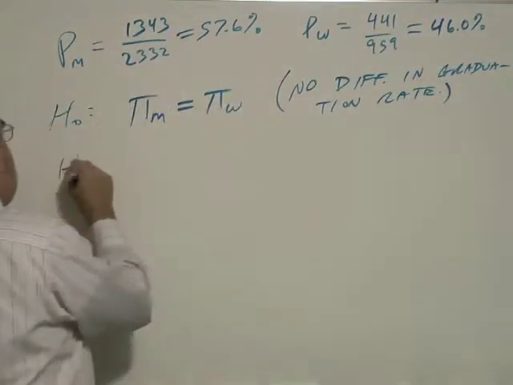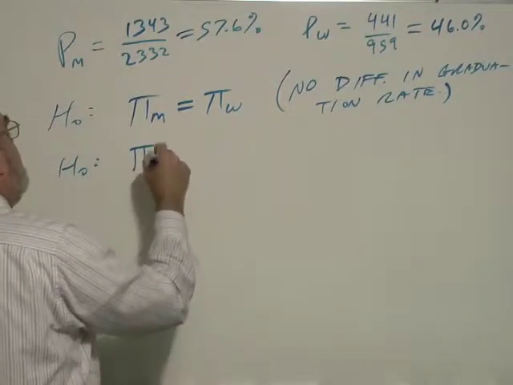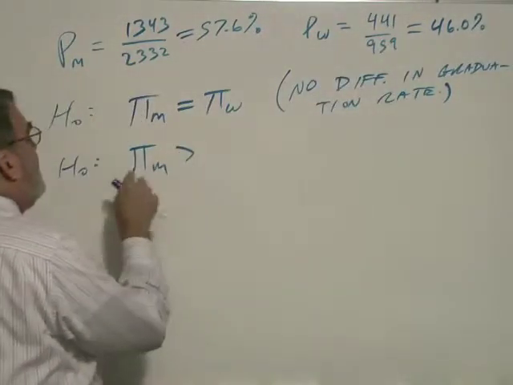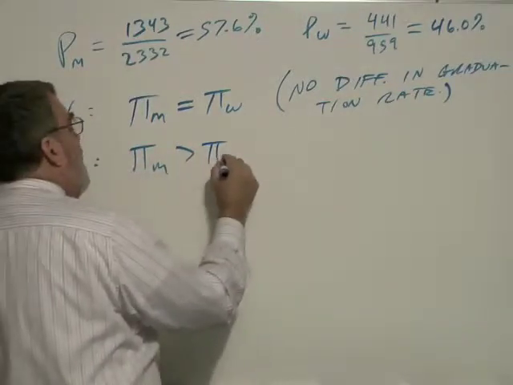And then the alternative hypothesis is that the non-graduation rate for men is greater than that for women. So pi m greater than pi w.